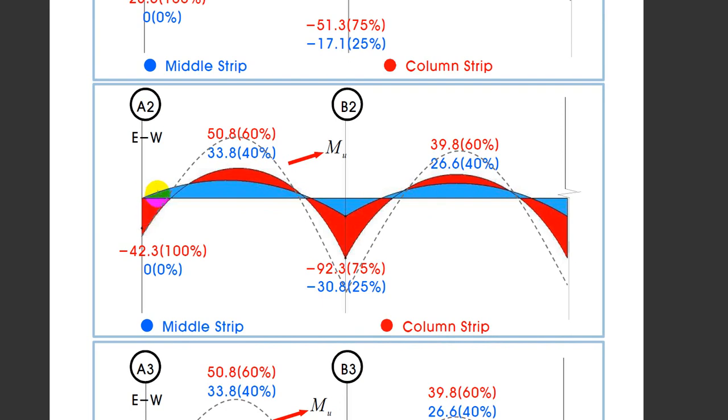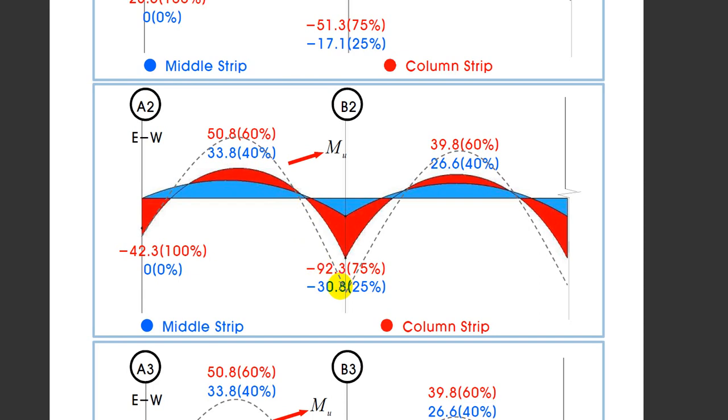The middle strips are represented by the blue color, whereas the column strips are represented by the red color. And all the moment should be taken by the column strips right here at the edge when you don't have edge beams, whereas we have divided the moment 60% and 40% for column strip and the middle strip respectively.